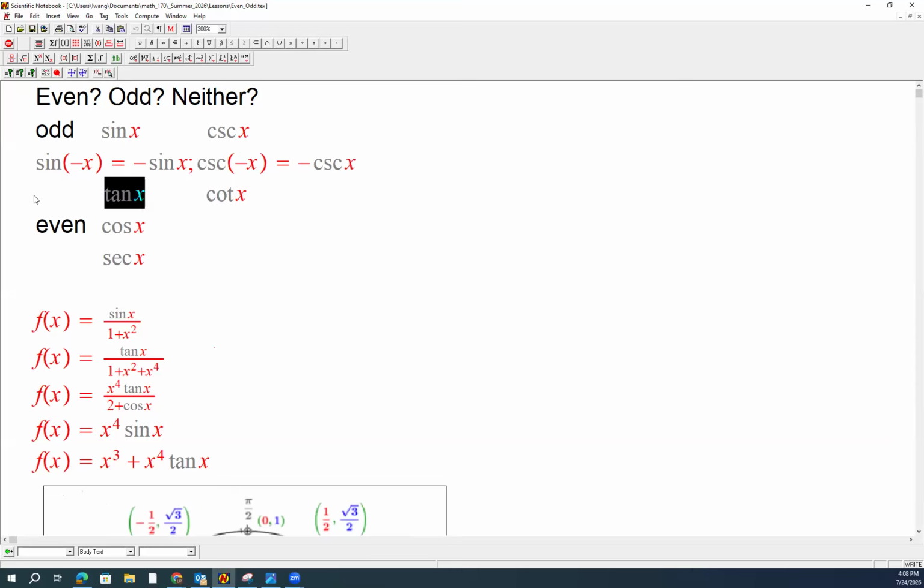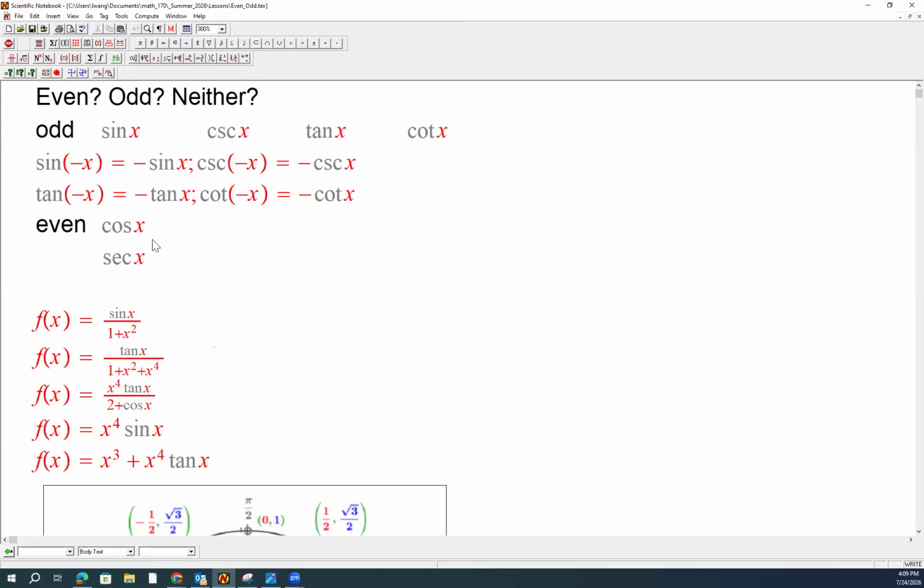Tangent is odd, so tangent of negative x is equal to negative tangent x. The same thing is true for cotangent. So among all six trig functions, we have verified even and odd.